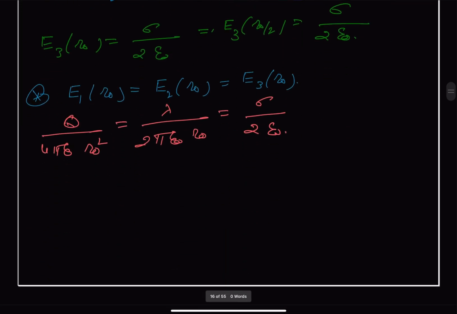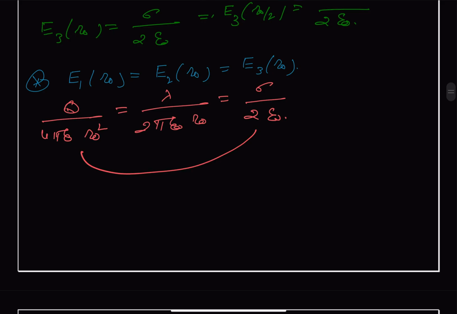So we compare our first and last. This gives us that charge Q will be equal to 4 pi epsilon naught R0 square multiplied by sigma divided by 2 epsilon naught.